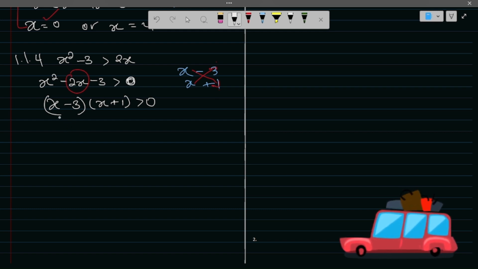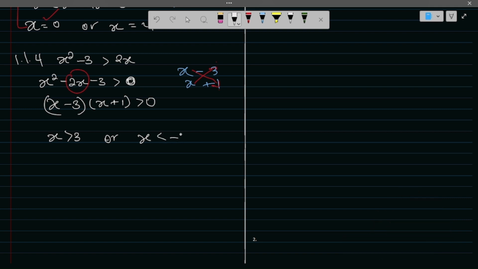So we say that if the value of x is greater than 3, or the value of x is less than minus 1, right? So let's just prove it, guys. Let me draw a number line.